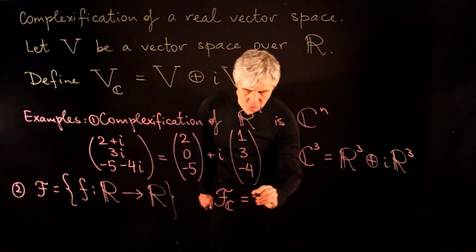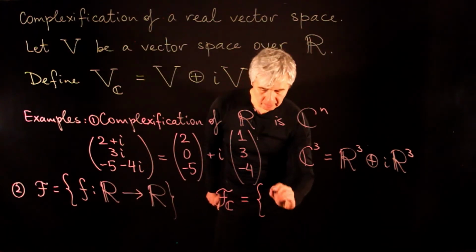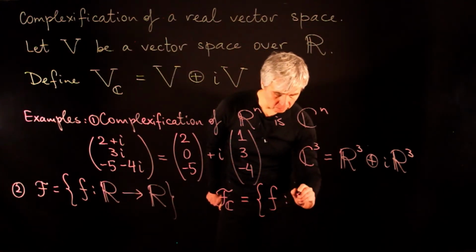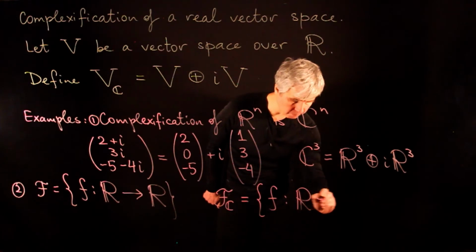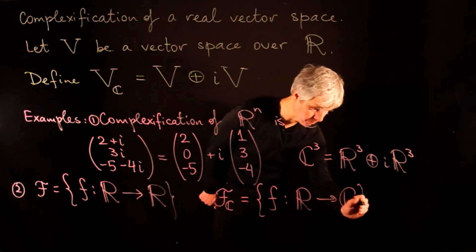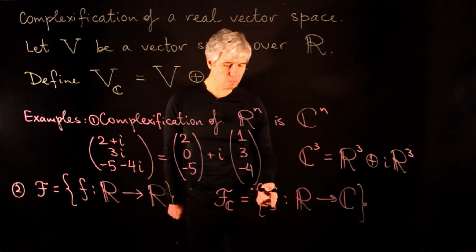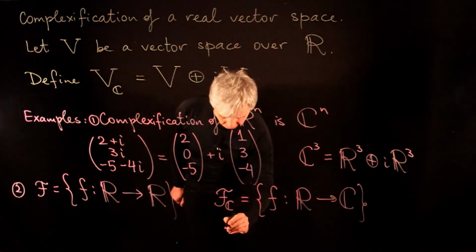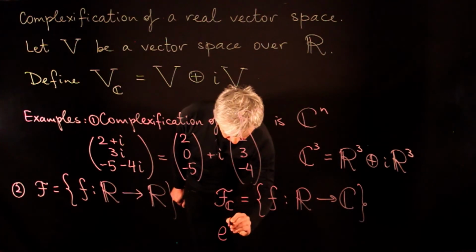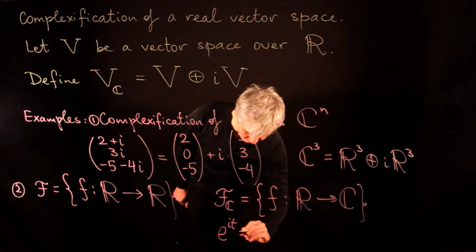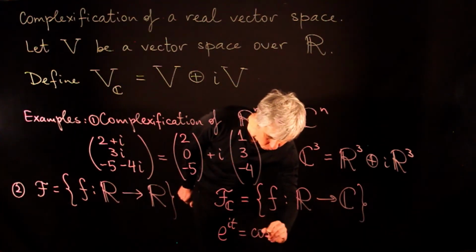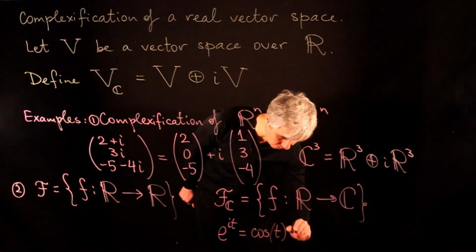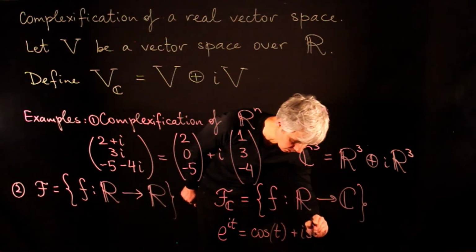The complexification of this space will be functions of a real argument, but with complex values. Any such function will have a real part and an imaginary part. So, for example, if we take e to the it, then its real part is cos t, and imaginary part is sin t.